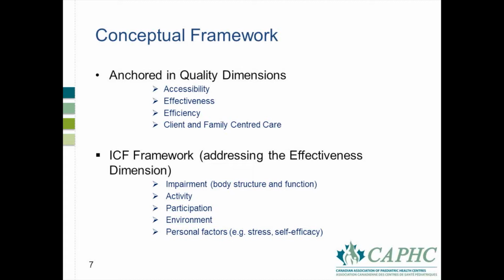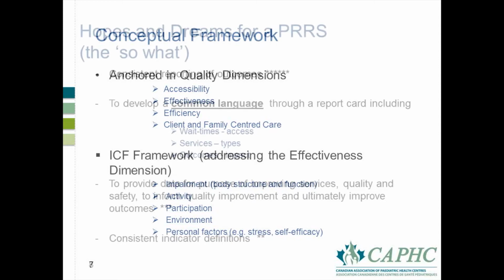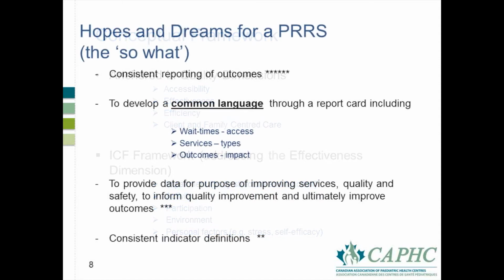We wanted to, in 2012, confirm that we were on the right track. So next slide. So we had another consultation in 2012 and brought together stakeholders again from across the country and asked them, what are your hopes and dreams for this national data set?